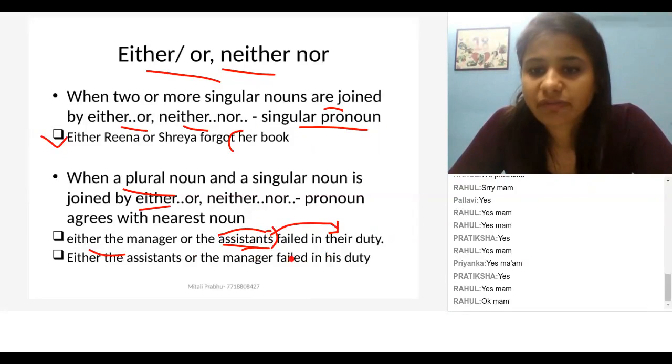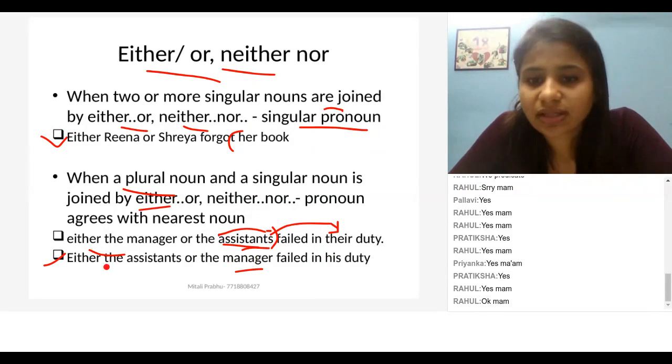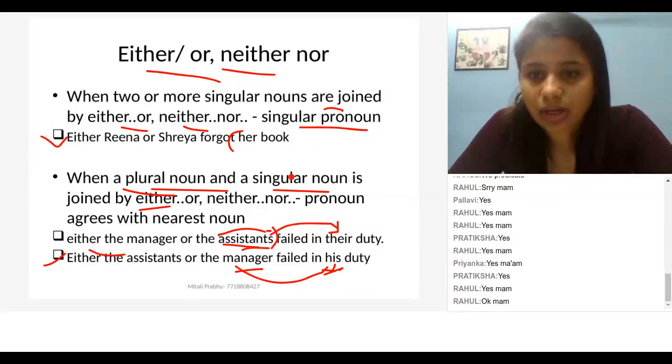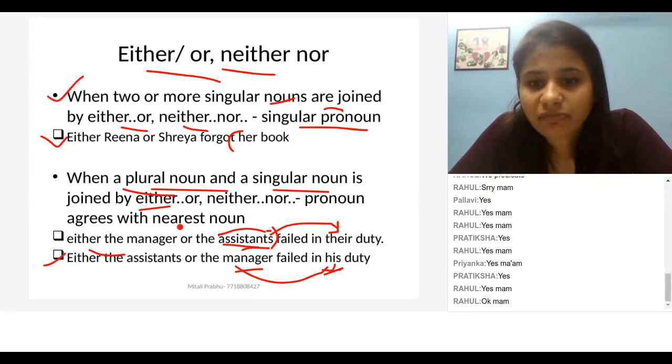If I had placed manager at the end, as in either the assistants or the manager failed in his duty, here the pronoun is singular, because it is associated with manager. Whenever you have a plural noun and a singular noun, apply this rule. In the earlier case both the nouns were singular; here assistants is plural and manager is singular.